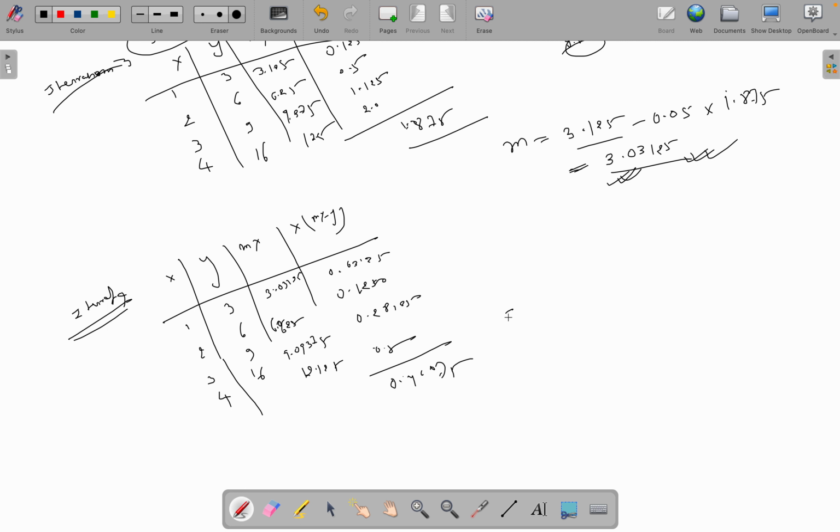So now it will update it as the new m is equal to 3.03125 minus 0.0234, and it will give you 3.0078125.